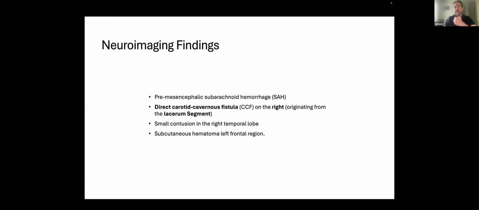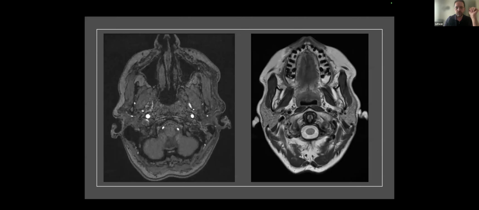In the neuroimaging findings, we had a bit of premesencephalic subarachnoid hemorrhage, and we found a direct carotid cavernous fistula that I will show shortly, and a very small contusion in the right temporal lobe.